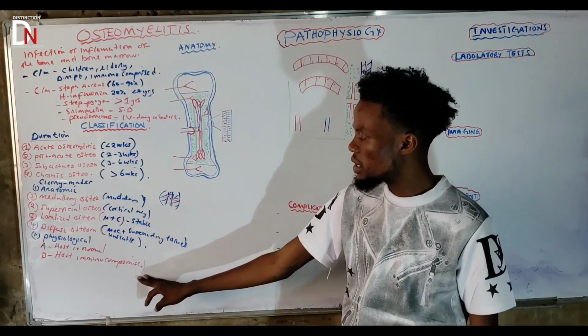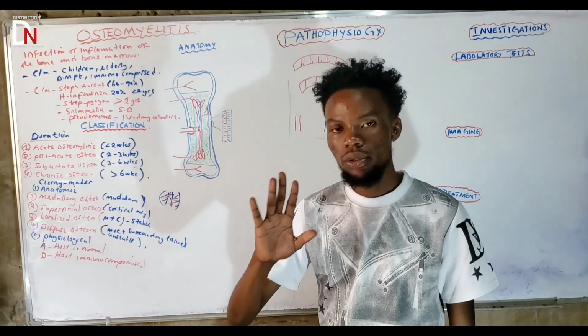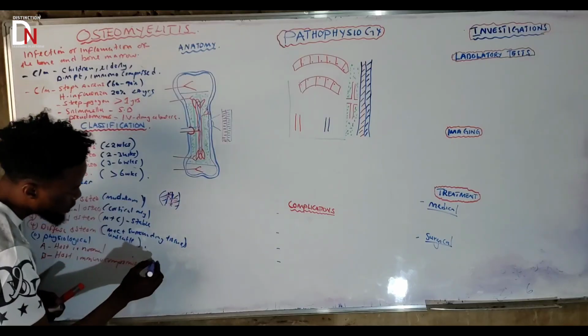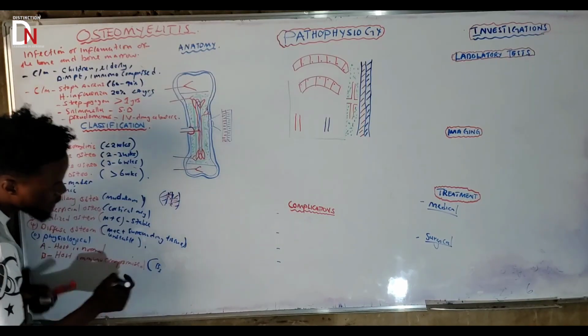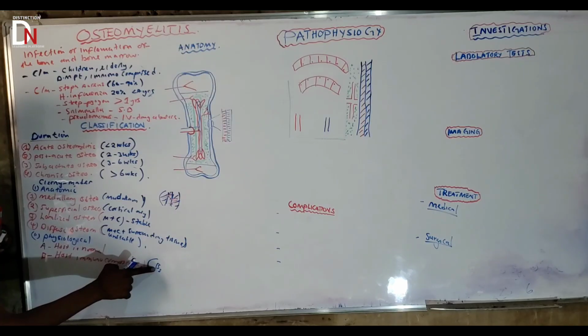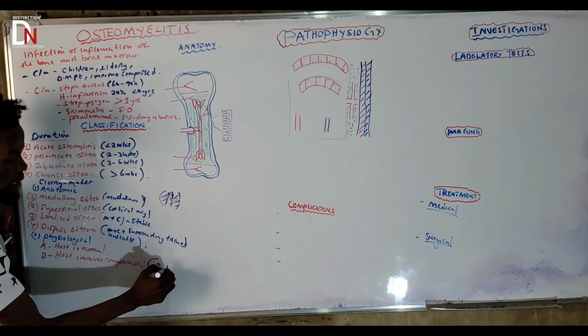But this host immunocompromised is further categorized into 3 components. I'll talk about that very fast. There's BS, which means immunocompromised systemically. So someone is immunocompromised systemically, that is BS.